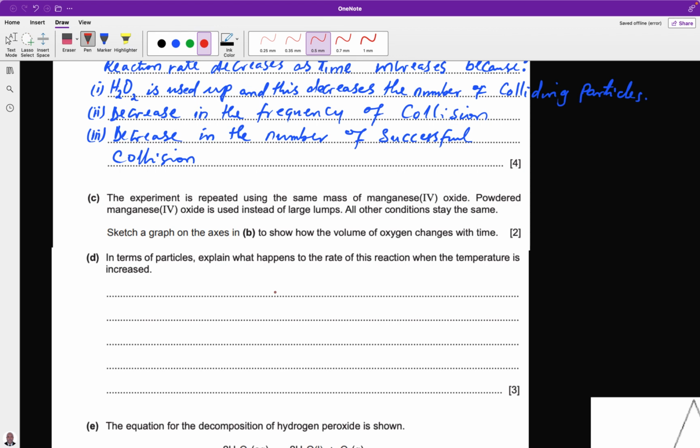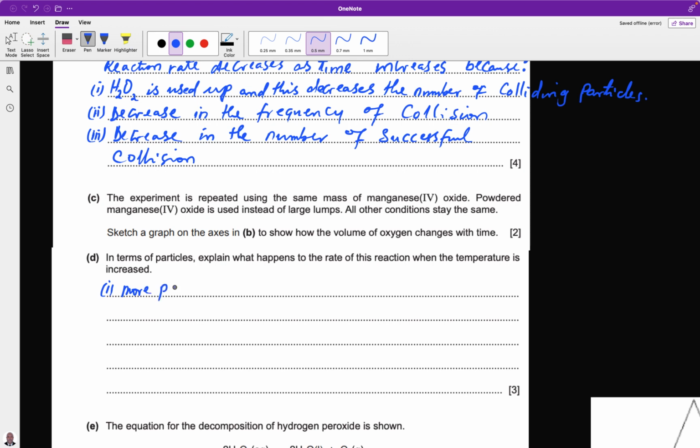When the temperature is increased, what happens? One, more particles will gain kinetic energy.